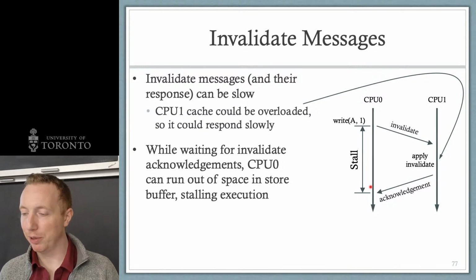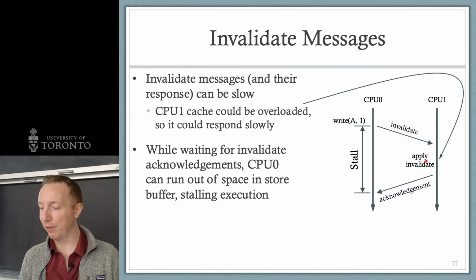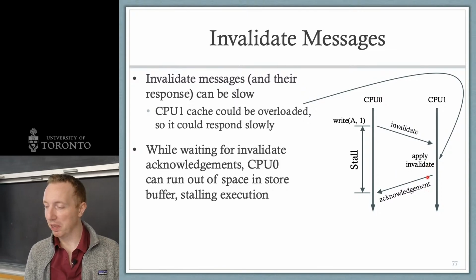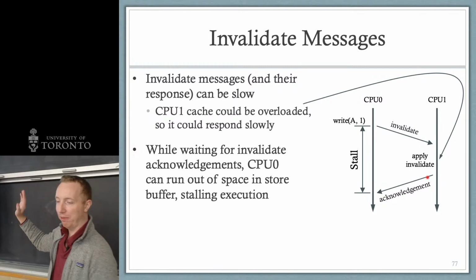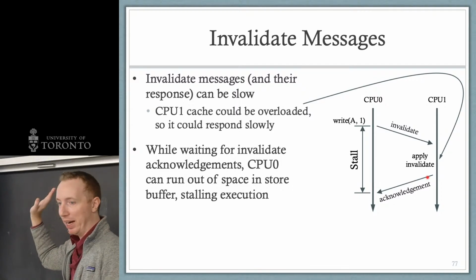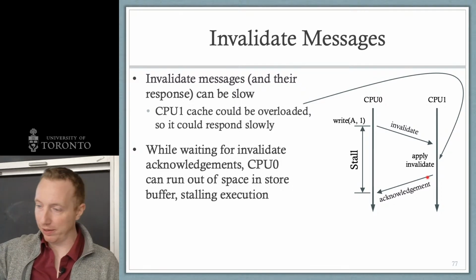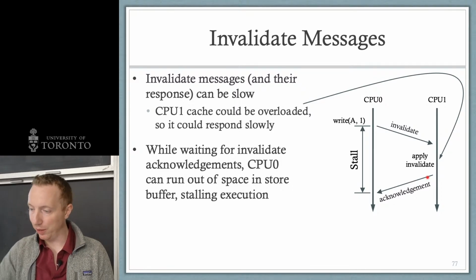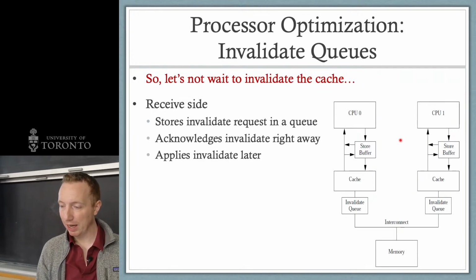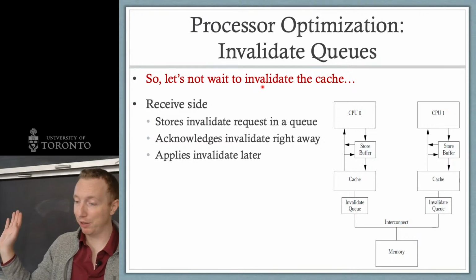And what we would do is, well, instead of waiting for that invalidate and the acknowledgements, let's just have CPU1 buffer it and say, hey, I know that I need to invalidate this. I'll acknowledge I need to do that even though I haven't done it yet. So it just doesn't wait to invalidate the cache.